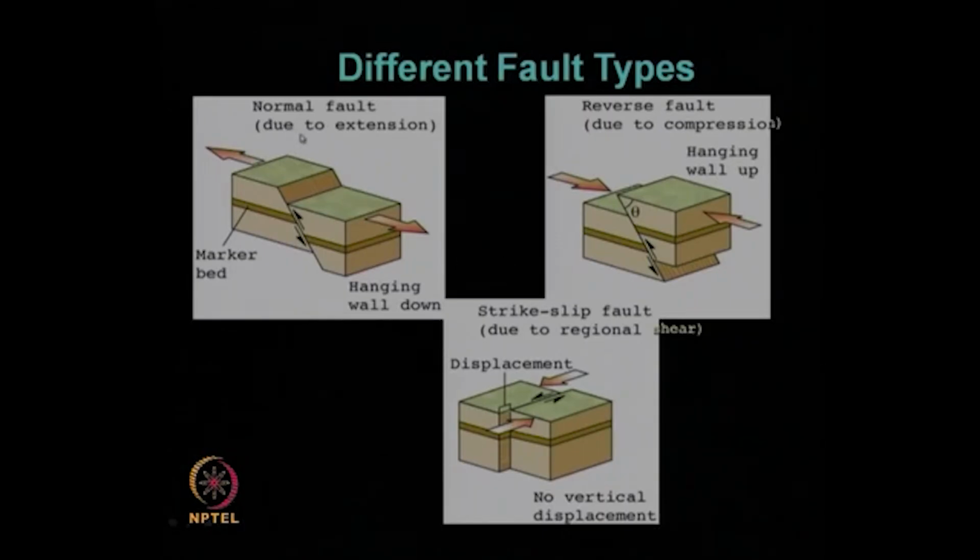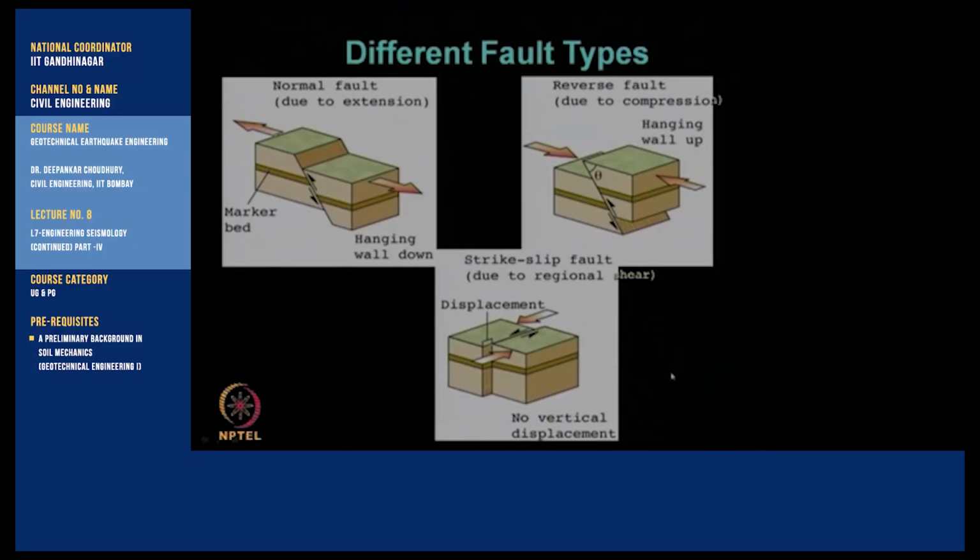So, the normal fault gets developed during divergent type of plate boundary movement, reverse fault is getting developed during convergent type of plate boundary movement, and the strike slip fault is getting developed during the transform plate boundary movement.